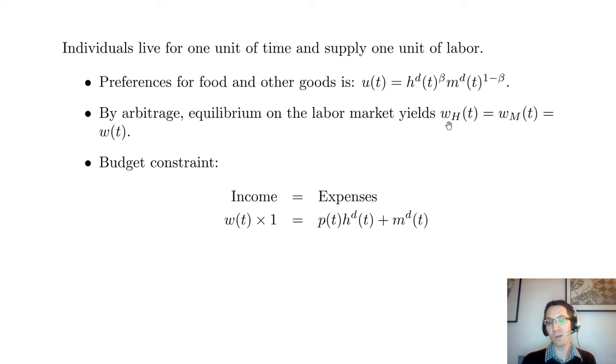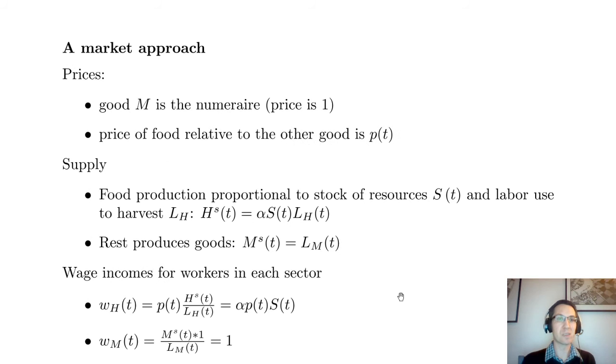And what's going to happen? I can go back to this wage setting equation and see that LH is going to go up. If more workers go to produce food, then output should go up. LH should increase HS. If there was no effect on S, then it's 1-to-1 and the wage wouldn't change.